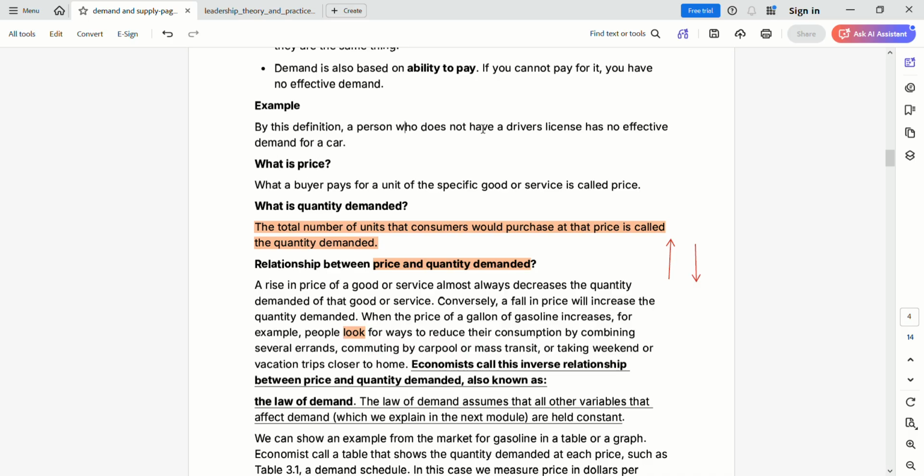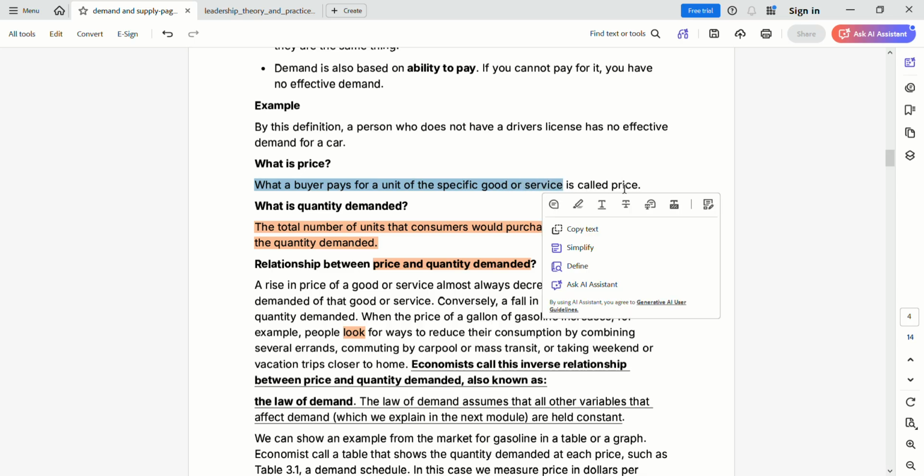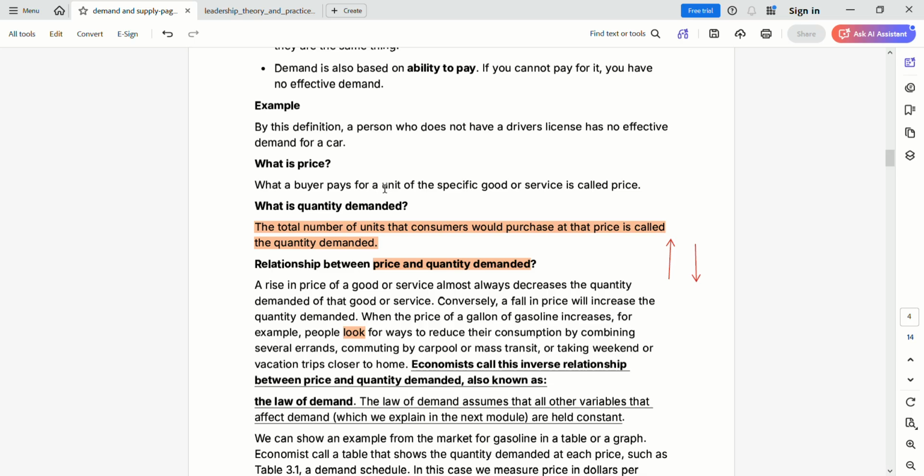So what is the price? Price is the amount of money that a buyer pays for a unit of a specific good or service. What does it mean? For example, you go to a market to buy mangoes. The price of the mangoes, for example, is 200 per kg.